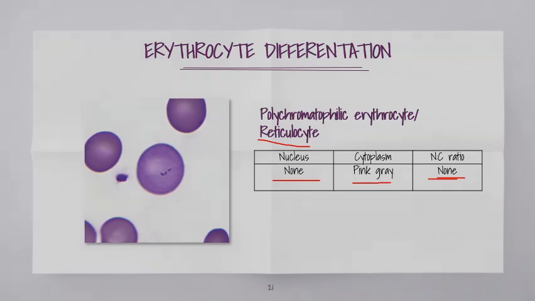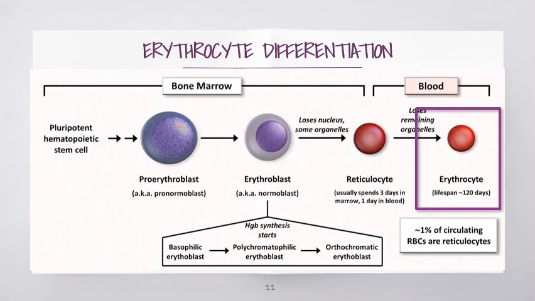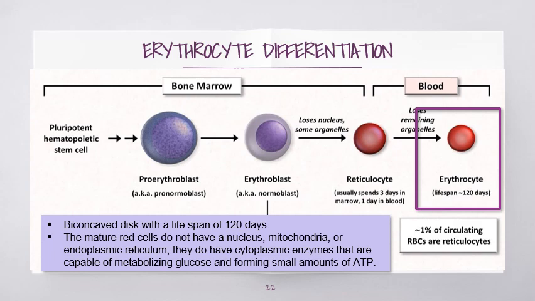Okay? After it doesn't have the mitochondria, it doesn't have RNA, it now becomes an erythrocyte. Now, I mentioned erythrocytes earlier, right? It's a biconcave disc. They do not have a nucleus, they do not have mitochondria or endoplasmic reticulum, but they do contain enzymes that will metabolize glucose and form small amounts of ATP. Diba?